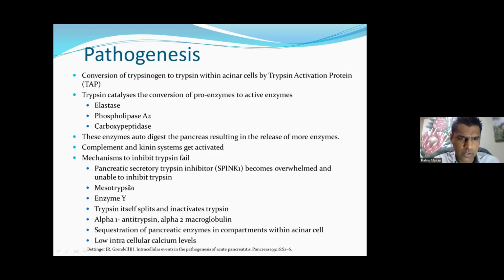Some of these mechanisms are SPINK1, mesotrypsin, enzyme Y, and trypsin itself inactivating trypsin, and then alpha-1 antitrypsin, alpha-2 macroglobulin, and pancreatic enzymes also being sequestrated within compartments in the acinar cell. And low intracellular calcium levels also inhibit trypsin.